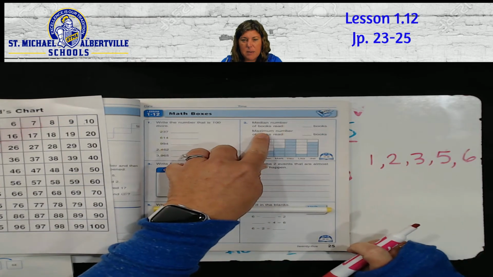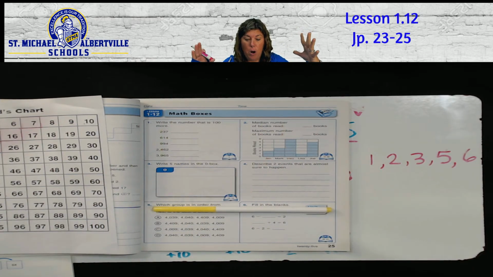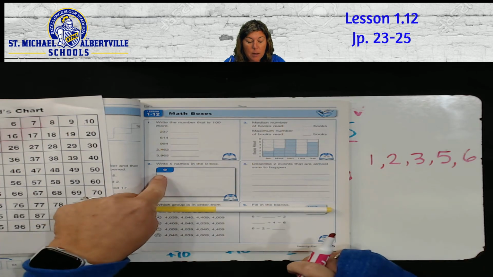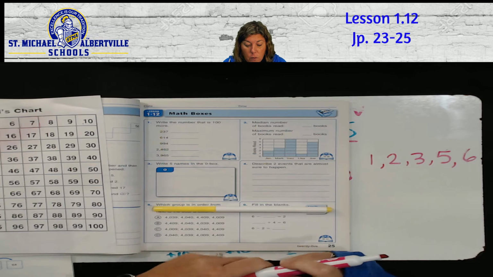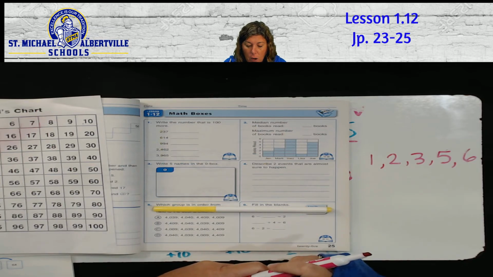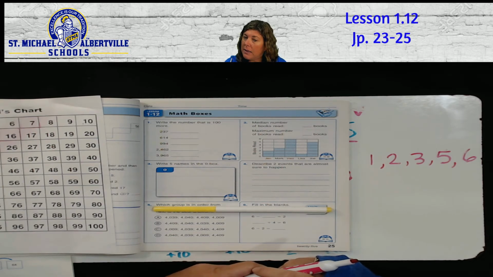Remember, maximum is the biggest number. You're going to find the maximum. Number 3, you're going to write 5 names for 0. That should be easy. Number 4, describe 2 events that are almost sure to happen. You are absolutely sure that this could happen. Like, I am sure that Saturday comes after Friday.